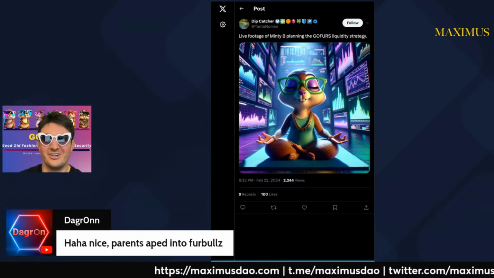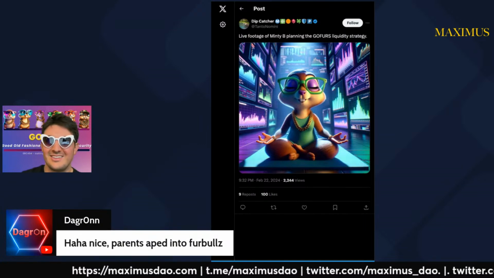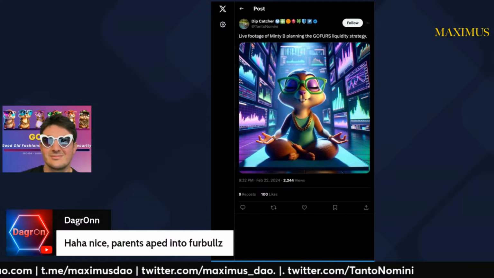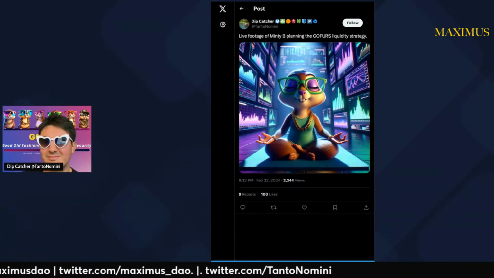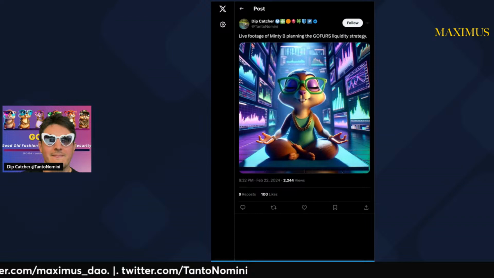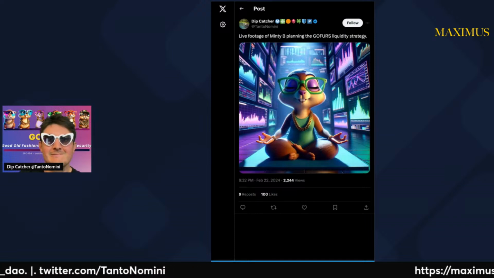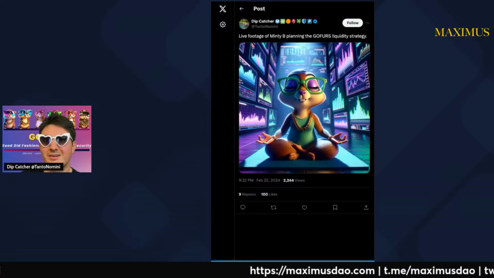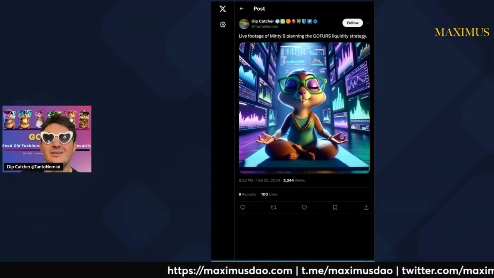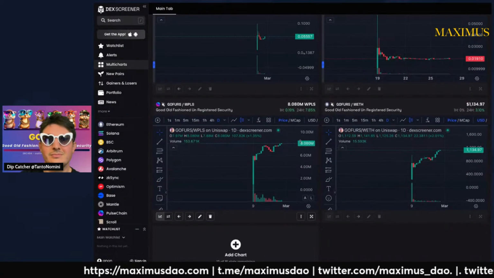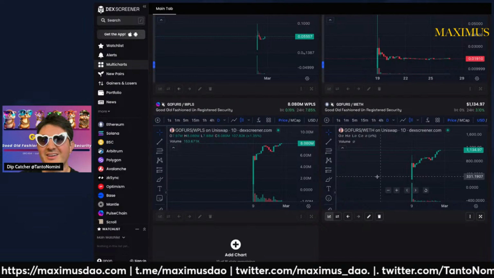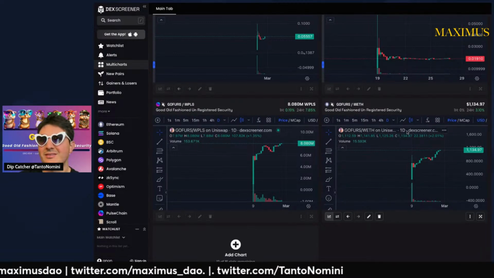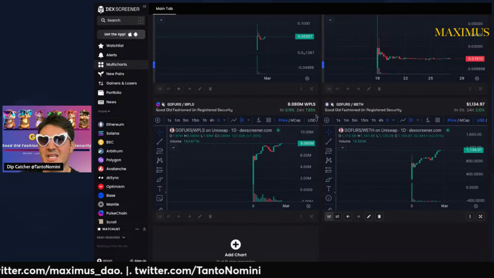That's 8 in the fur balls. Oh, how about that? GOFURS price is currently 808 million, or 8.08 million pulse. 808s and heartbreaks.